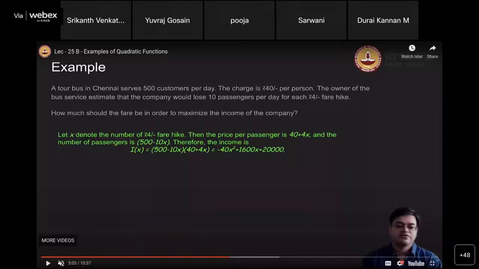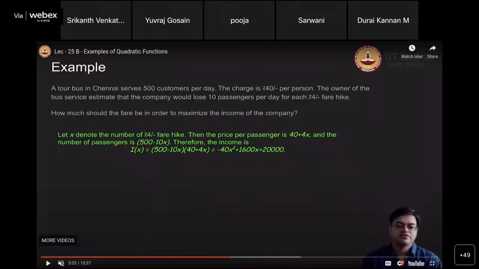Now you have to give tickets to each person. For one person, you will charge 40. For a family of 4 persons, how much will you charge? Forget about the other statements; just stay on the second statement. The charge is 40 rupees per person. So if there are 5 persons, how much are you going to charge?